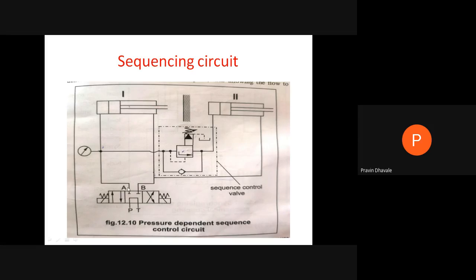Then whatever fluid is supplied by the pump, back pressure is generated. Then that fluid is passed to the second cylinder to perform the second operation. But when is this second operation started? When the first operation is completed and back pressure is generated. Only then is the second operation started. So this circuit is called a pressure dependent sequence control circuit.